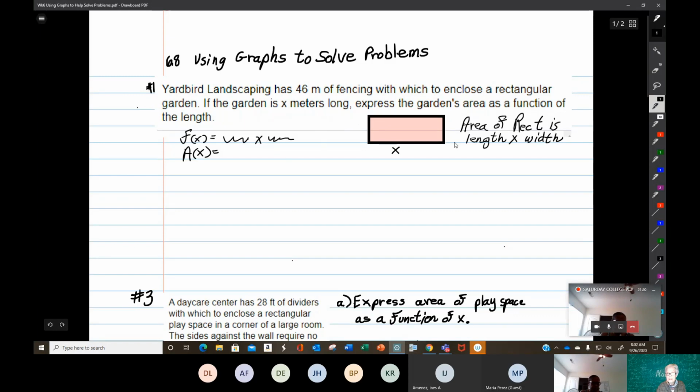Okay, so since X is our length, we could say X times width, but we need also to have width expressed in terms of X. So we're going to do that because we were given fencing, and fencing and perimeter are the same thing.